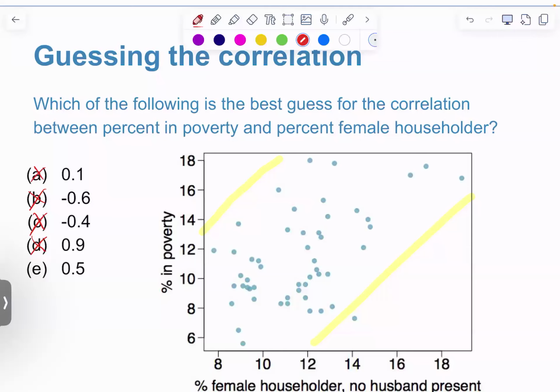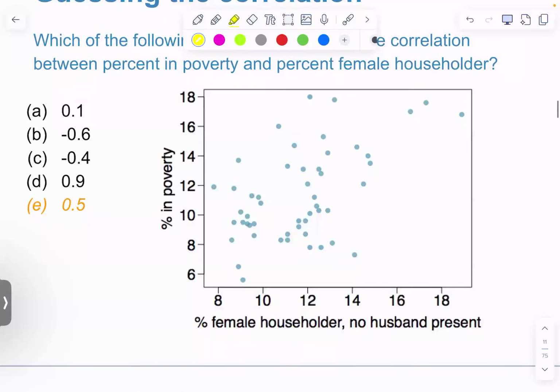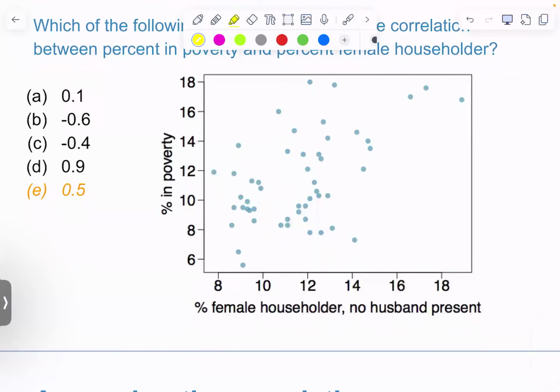And so then I'm going to go for 0.5. Yeah. And so that gives you an idea of what 0.5 kind of looks like, because I use that as my threshold for kind of where you go from a weak to a strong relationship. Obviously, this is kind of moderately strong, something like that. And so we did it. But now you know what a correlation of 0.5 kind of looks like, right? And then anything that is tighter than that is going to have a higher correlation.